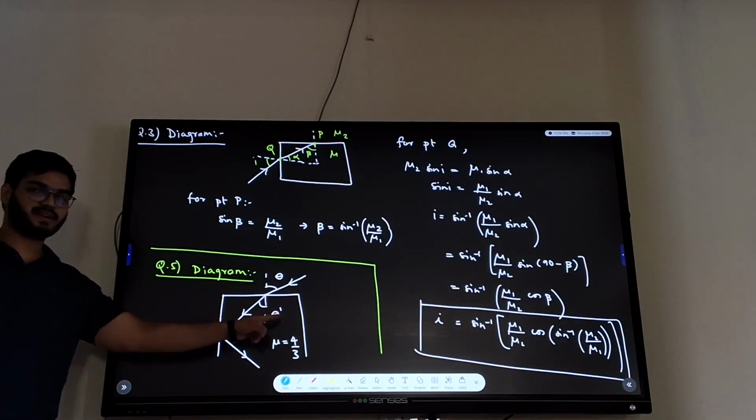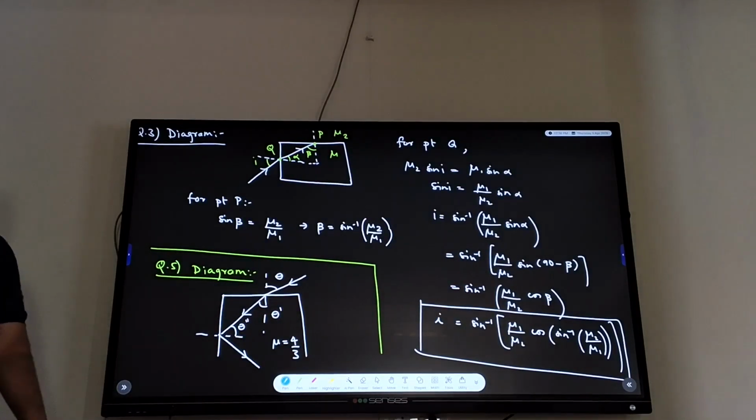This is theta, this is theta dash, theta double dash. They are asking to find, I think, theta. Some kind of condition on theta. Sorry, the maximum value of theta.